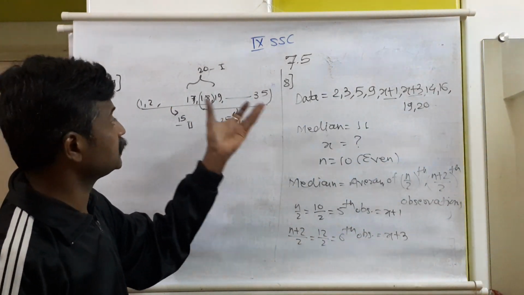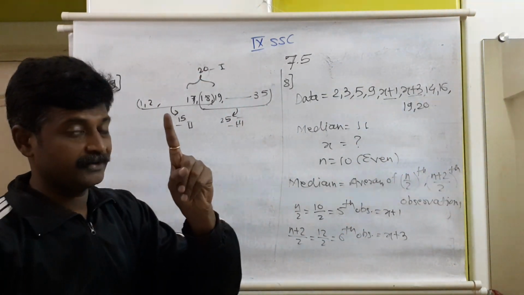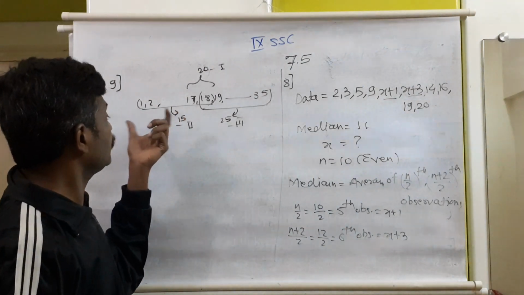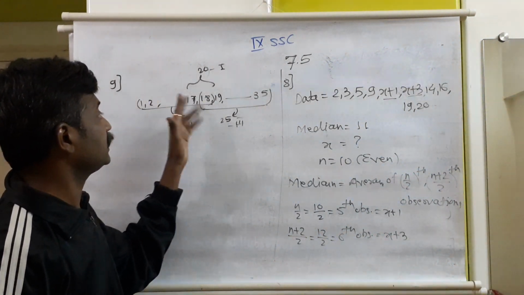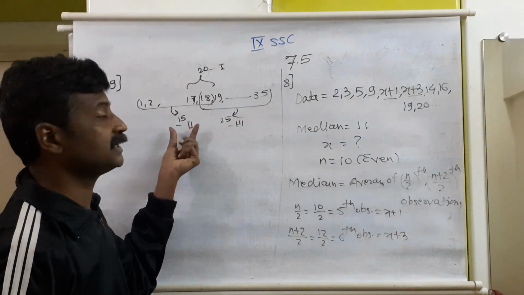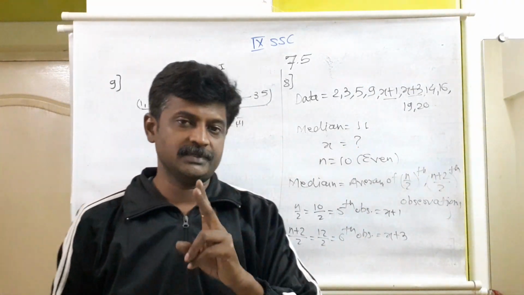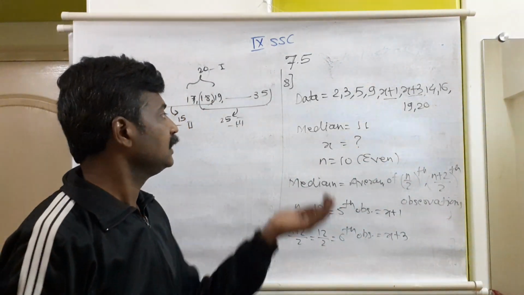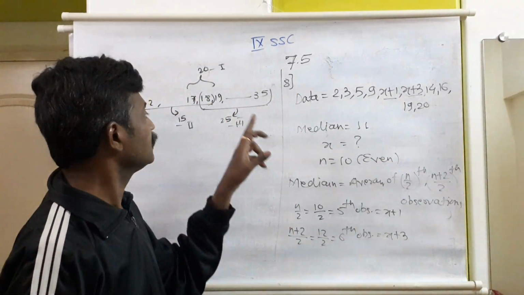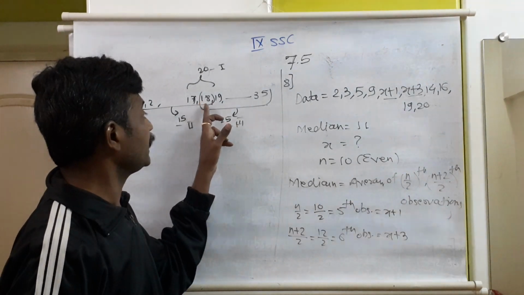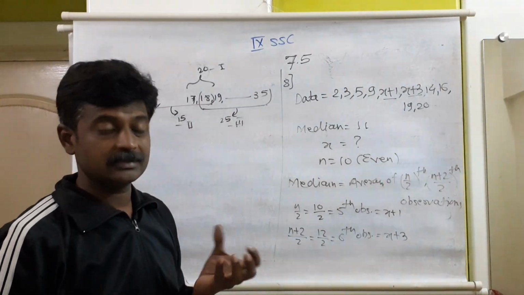Total 1 to 35 observations, the mean is given as 20, the first given information. Second, the mean of the first 18 observations, meaning observation number 1 till observation number 18, their mean is 15, the second given information. Third given information, the mean of the last 18 observations. Now which are the last 18 observations? From observation number 18 to 35.